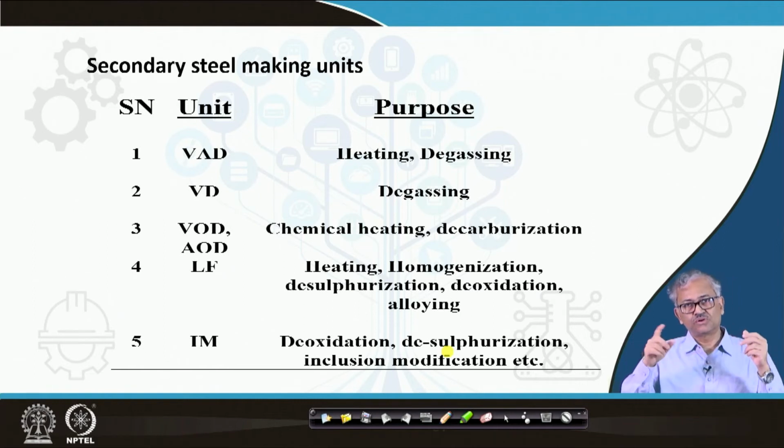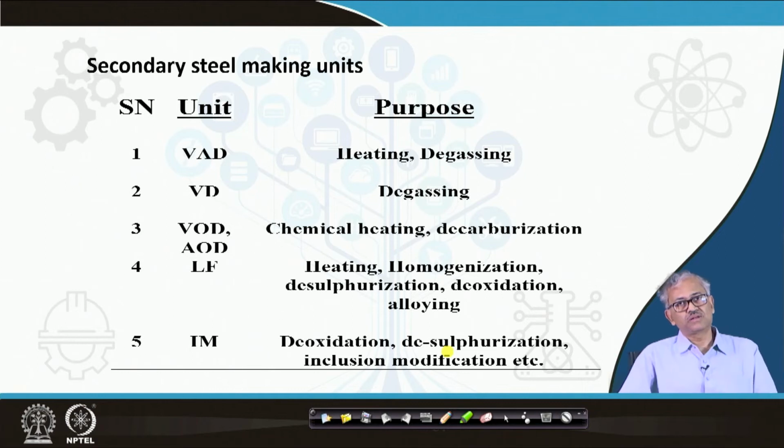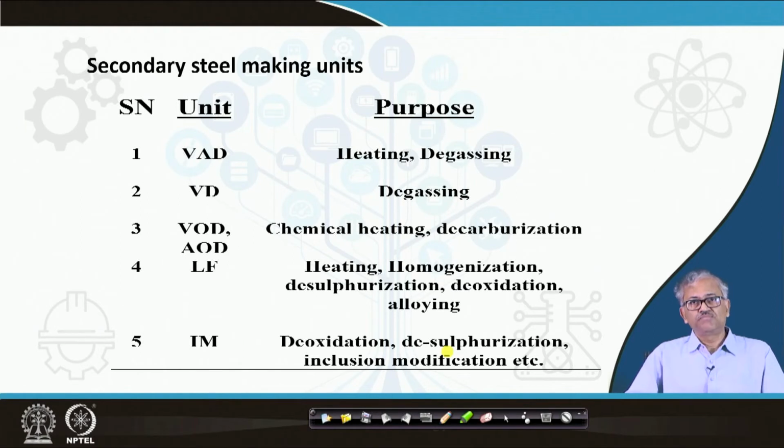The wire will penetrate into the bath, where it will melt. When the wire casing melts, the powder is released. That is wire injection. So there are different injection methodologies, submerged lance injection or wire feeding. These are called injection metallurgy.